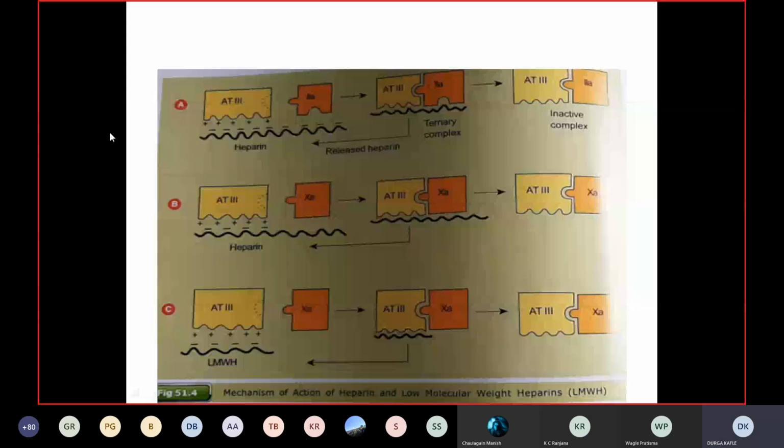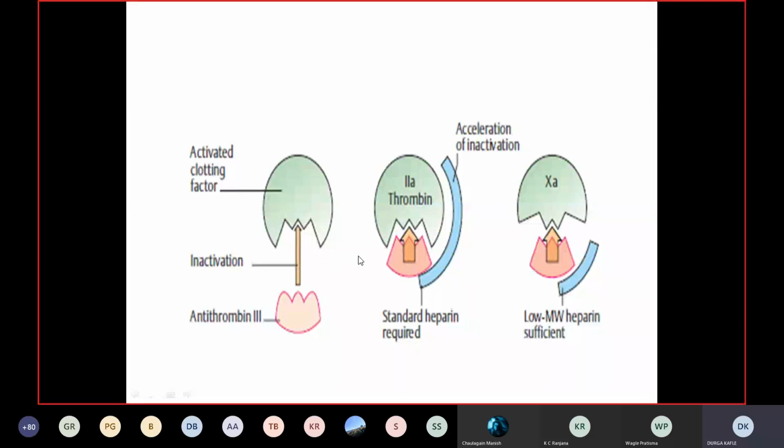You can see here in the clear diagram. This is the normal condition without adding heparin. This is the activated clotting factor, and this is the antithrombin 3. This is the normal physiological process, so inactivation is done at a minimum. After adding the heparin molecule, you see here the coverage of all this, activated factor 2 and this antithrombin 3.